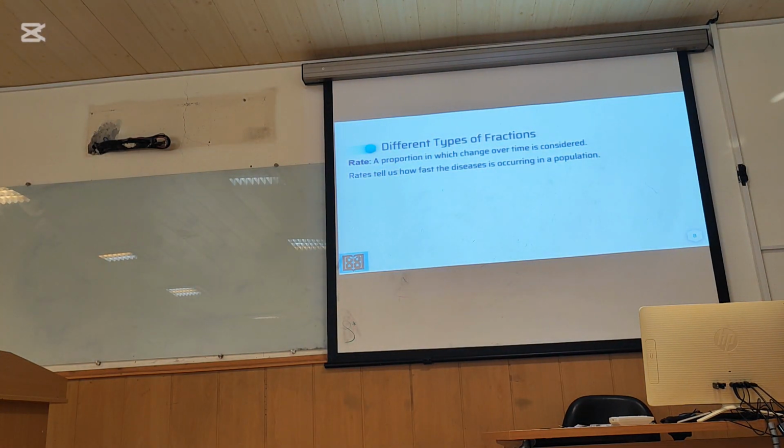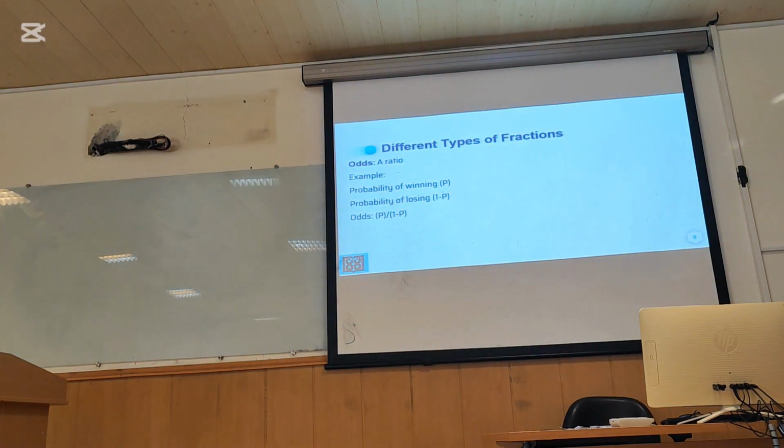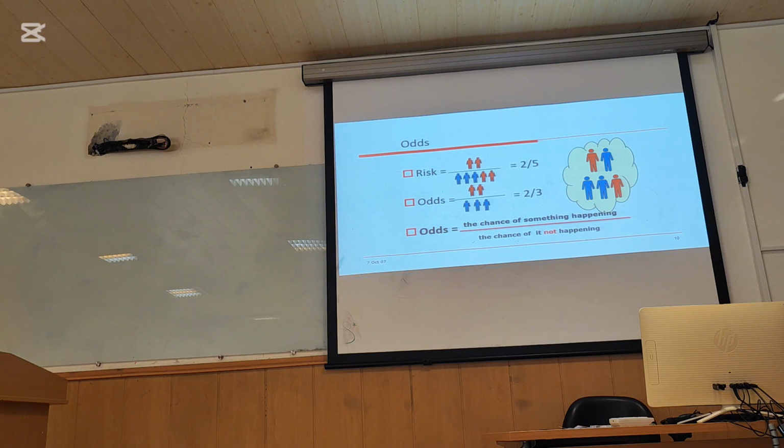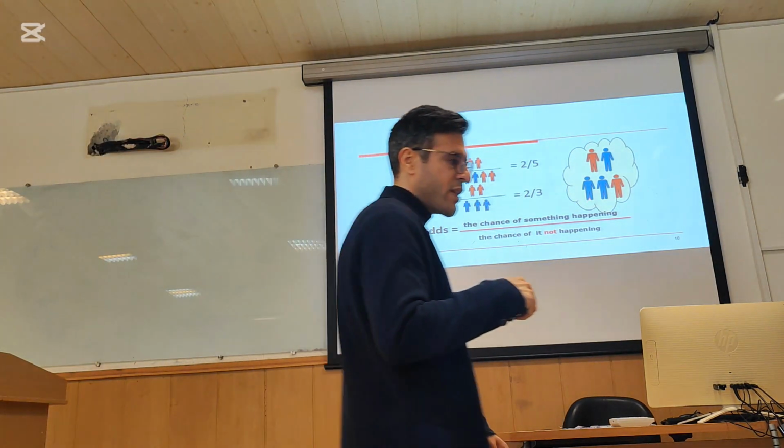Another fraction is rate. Right now, it doesn't matter. But finally, there is odds. Odds means the probability of winning divided by the probability of losing. Okay? For example, this is our population or our community.